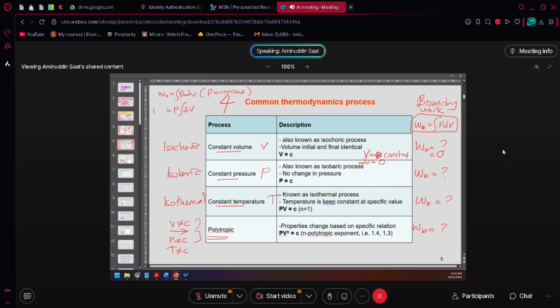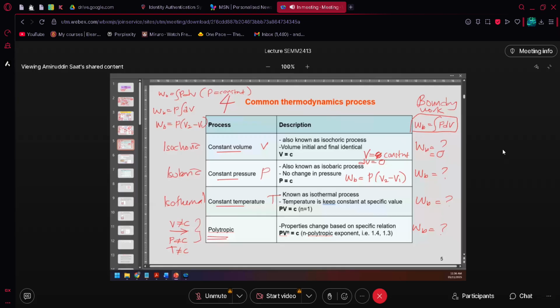Since the change only deals with the volume, the boundary work can be calculated if we know the change from V1 to V2, the integration of dV. So the boundary work for the constant pressure is P times V2 minus V1.